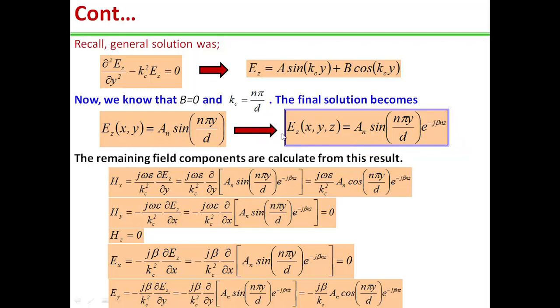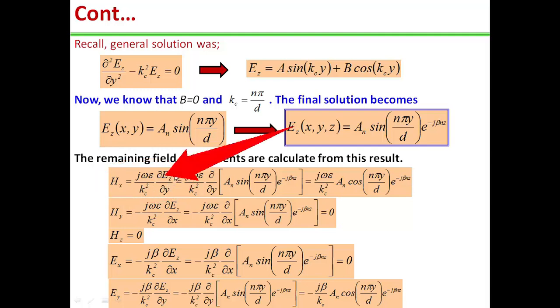From the Ez component, we have calculated all the electric and magnetic field components for the TM mode. So from the Ez component, we have to find Hx, that is the magnetic field along the x direction. And we have calculated Hx from the wave equation. Hx is equal to j omega epsilon divided by Kc square del by del y Ez.